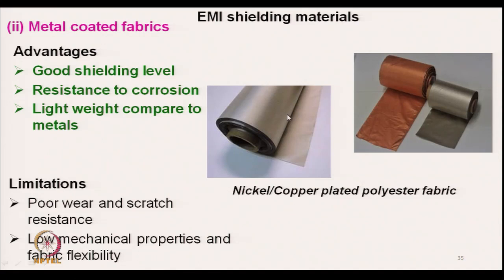Next are metal coated fabrics. They have very good shielding effectiveness. A very common product is nickel copper plated polyester fabric. They have high resistance to corrosion and are lightweight compared to metals, because only plating is there while the rest is polyester fabric.